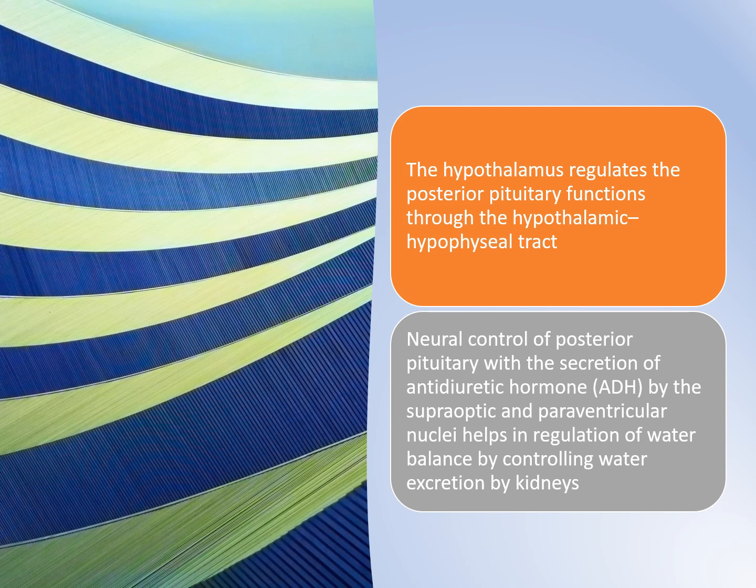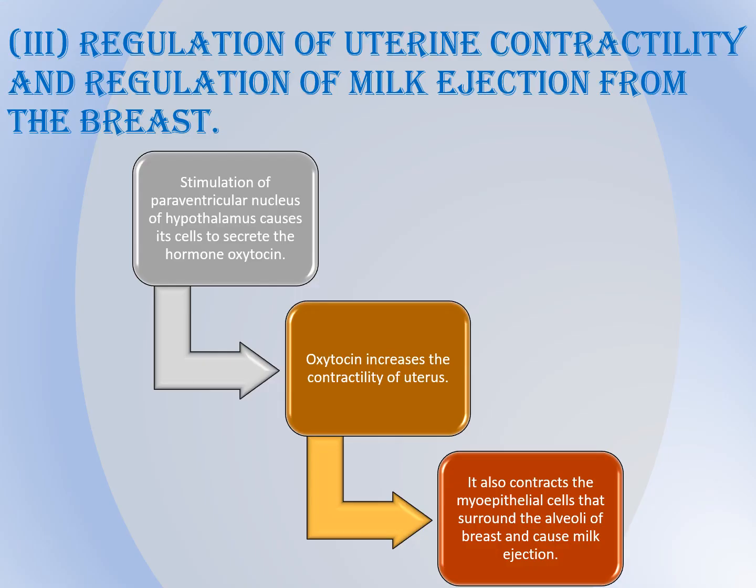Now, neural control of the posterior pituitary: the secretion of antidiuretic hormone by the supraoptic and paraventricular nuclei helps in the regulation of water balance by controlling water excretion by the kidney. Then there is regulation of uterine contractility and regulation of milk ejection from the breast.